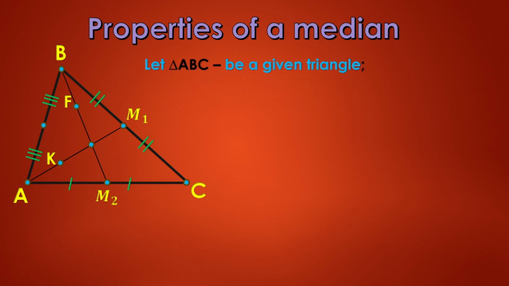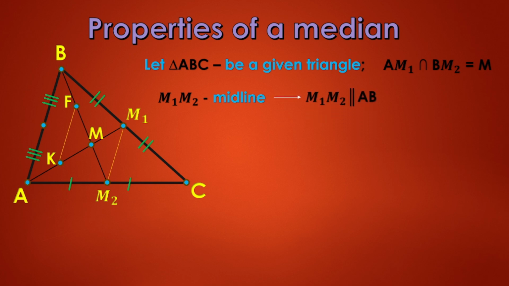Let the triangle ABC be a given triangle, AM1 and BM2 its medians intersecting at point M. Let us connect successively the points M1 and M2 and the midpoints of the segments AM and BM. Since M1M2 is the midline of the triangle ABC, then M1M2 is parallel to AB, so M1M2 equals 1/2 AB.